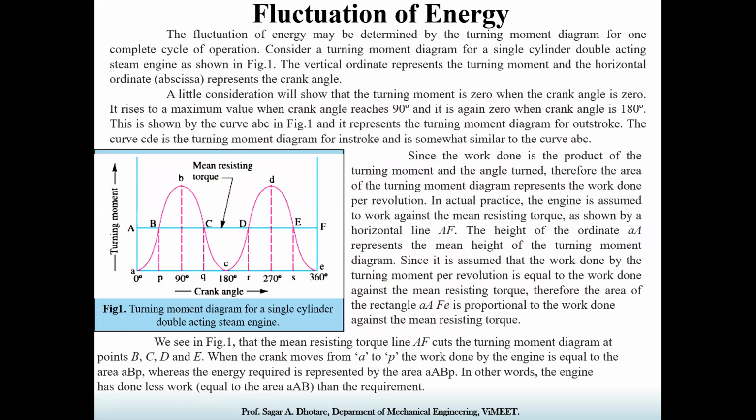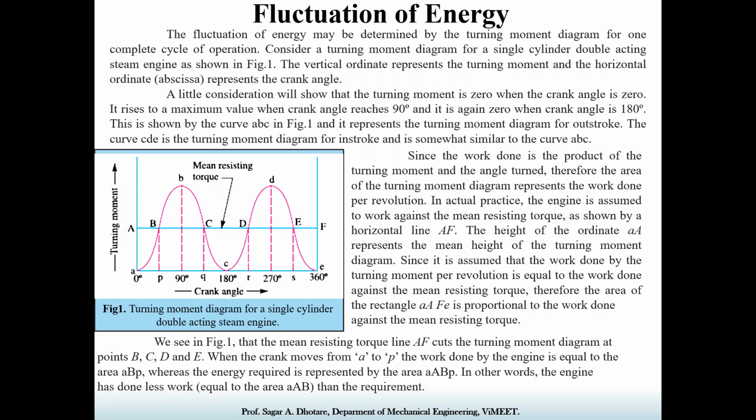Now, how can these fluctuations occur? The fluctuation of energy may be determined by the turning moment diagram, which is shown in figure number 1. One complete cycle of operation can be done with a 360-degree rotation.